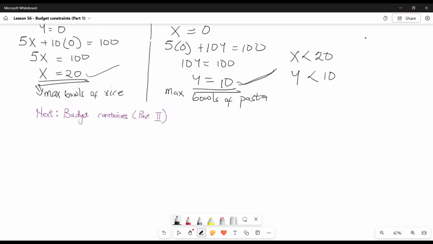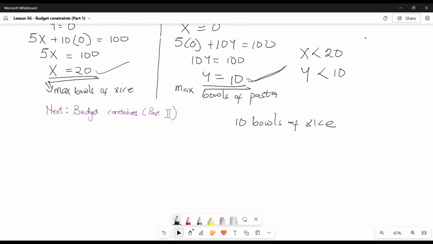For example, if Ella wants to buy 10 bowls of rice, her total expenditure on rice is going to be 5, which is the price per bowl, times the quantity that she buys, which is 10, giving 50. So this will mean that she spends £50 on rice per week.